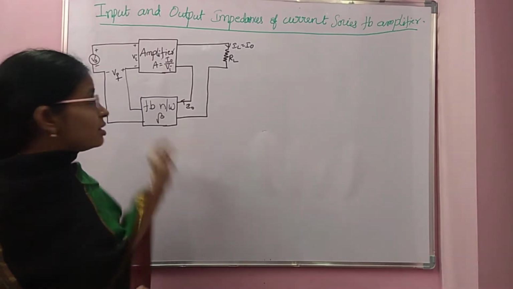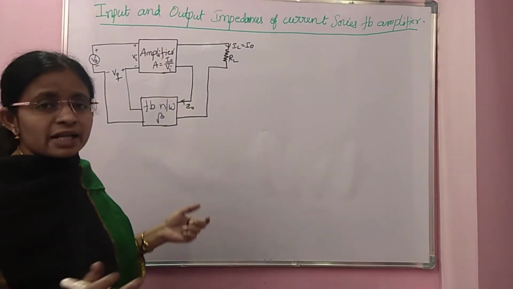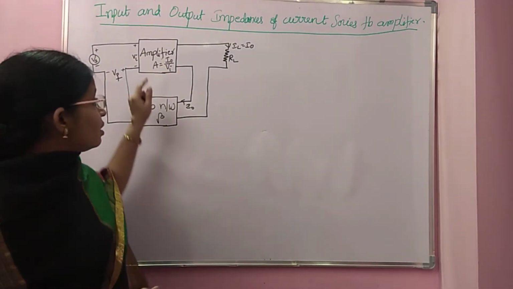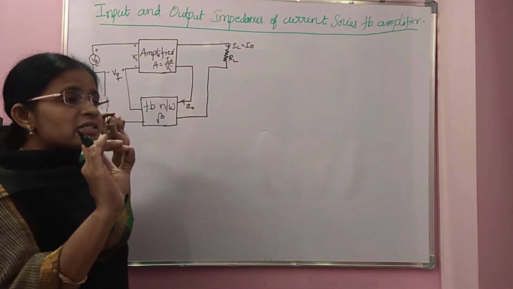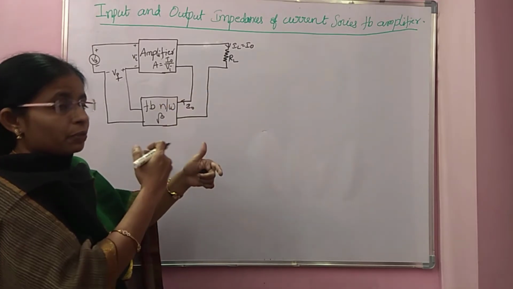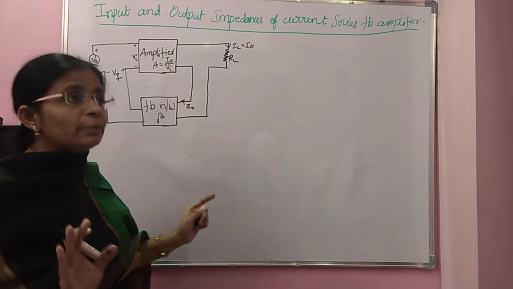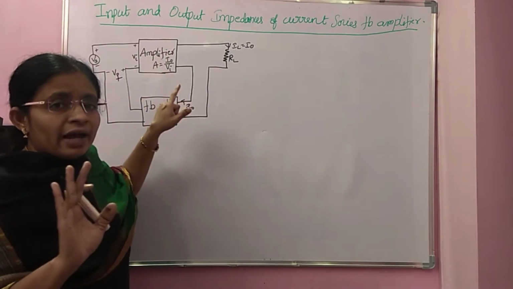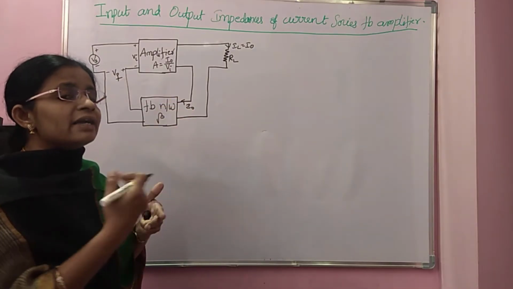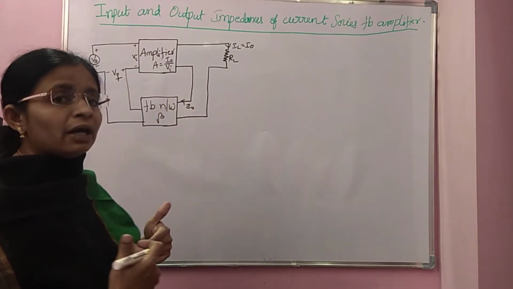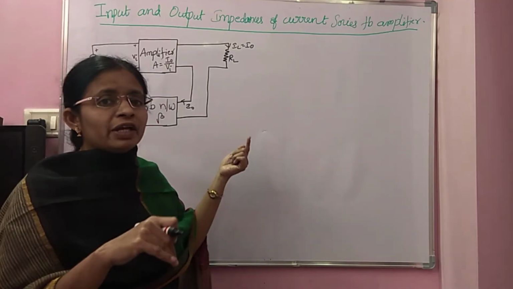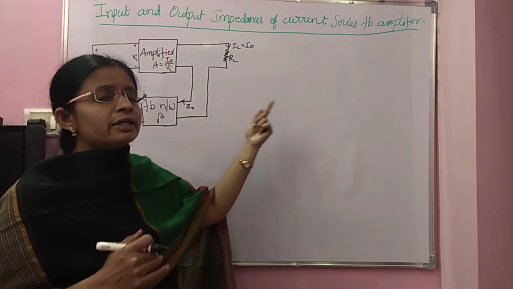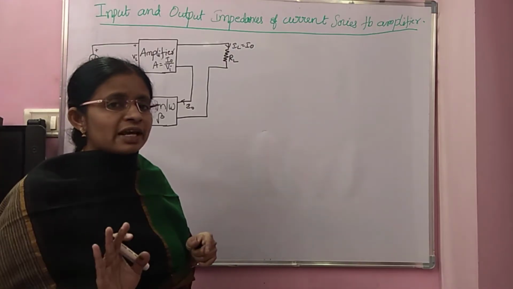Current by voltage is nothing but trans-conductance. Why is it called trans? Trans is a word which relates input and output. Suppose it is like Ii by Vi, the two parameters are related to the input, so no need to use any trans. Suppose it is I0 by V0, as the two parameters are related to the output, no need to use any trans.